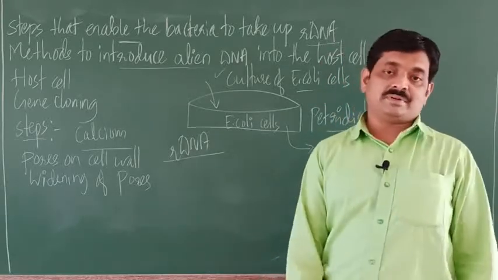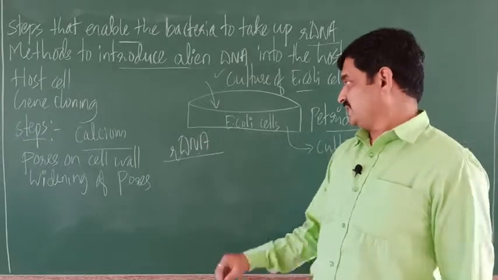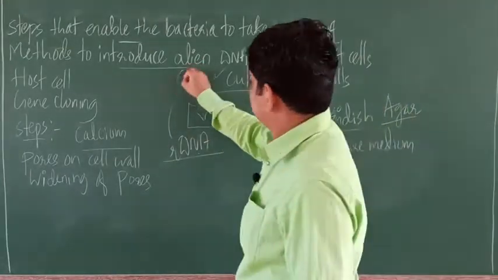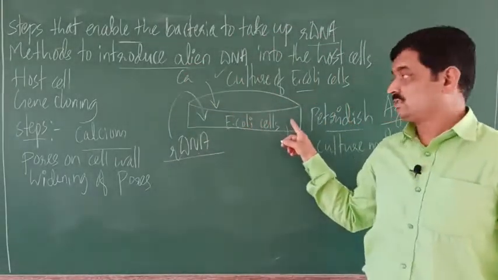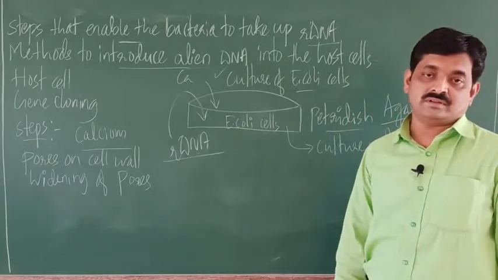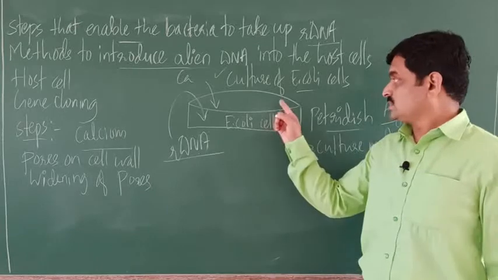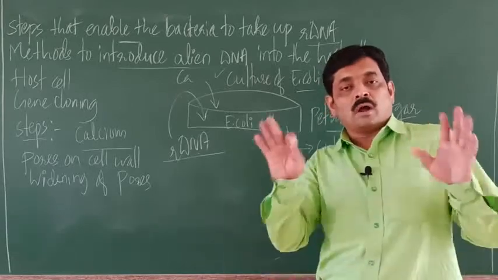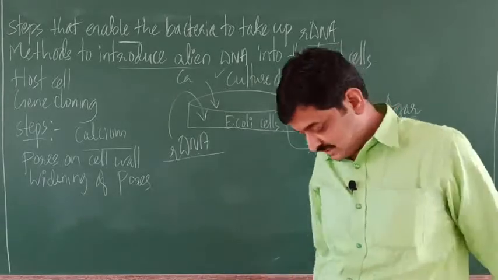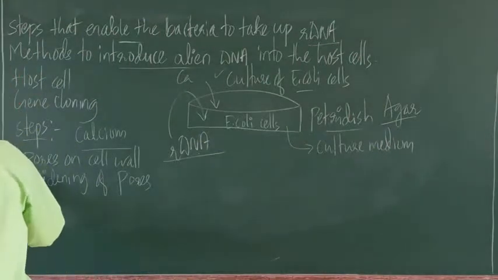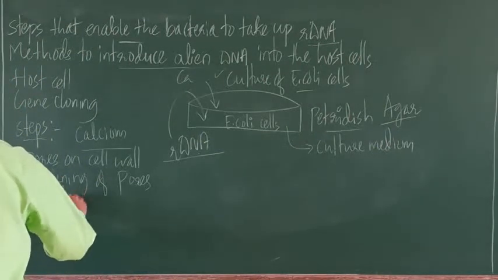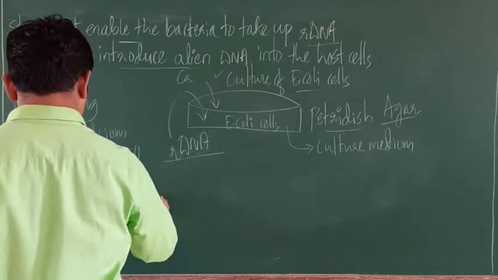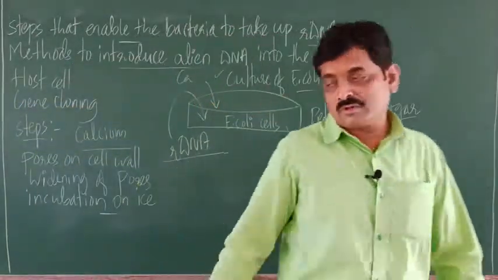After this, the next step, recombinant DNA is added to the culture of E. coli cells, right? Next, what is done? The temperature is reduced. How?